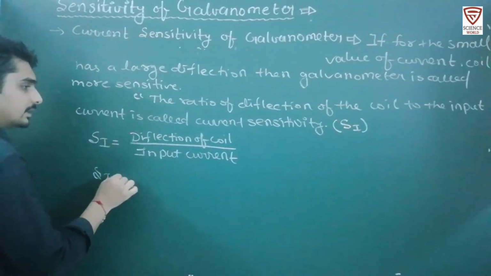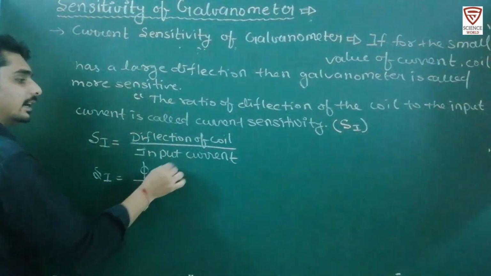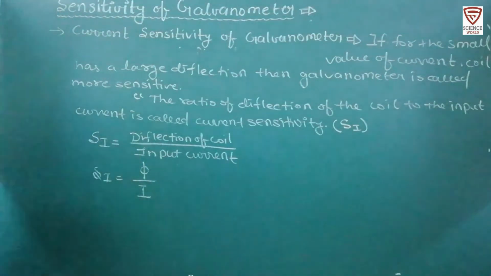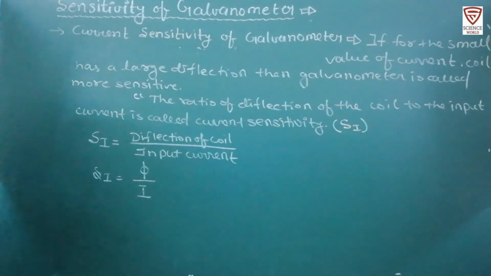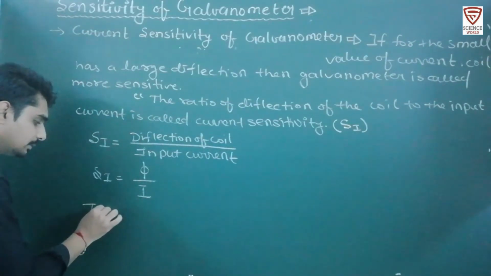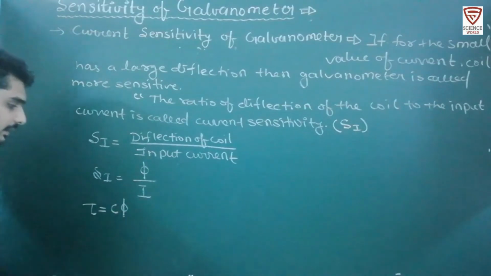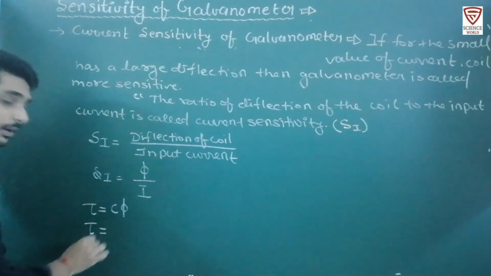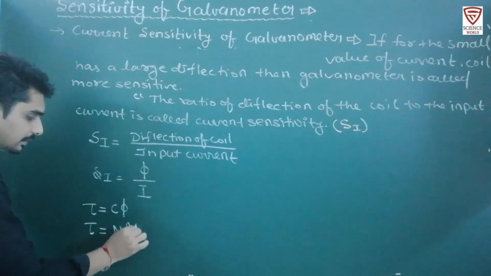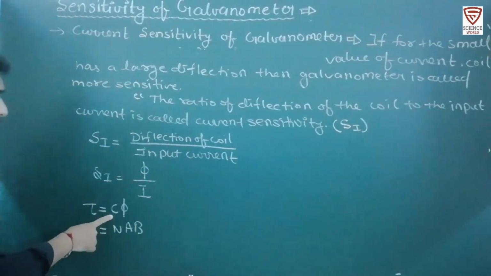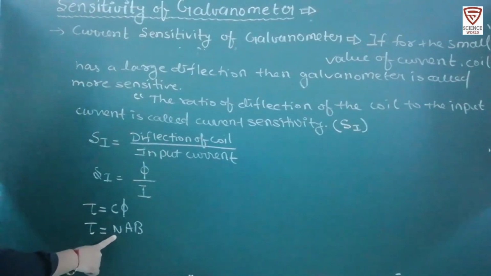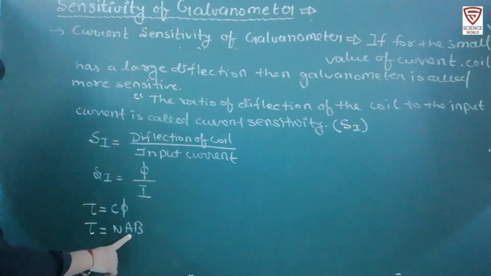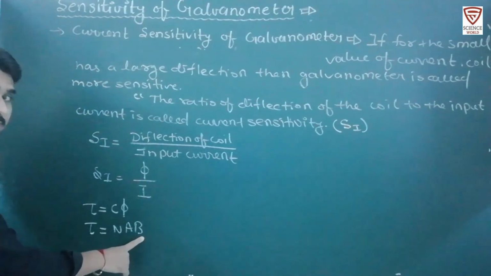So SI will be deflection in the coil, phi, divided by input current, I. Now we have to find the value of I. In an earlier lecture we discussed that torque acting on the spring will be C phi and torque acting on the coil will be N I A B, where C is the modulus of rigidity, phi is the deflection of coil, N is number of turns in coil, A is the area of coil, and B is the magnetic field.